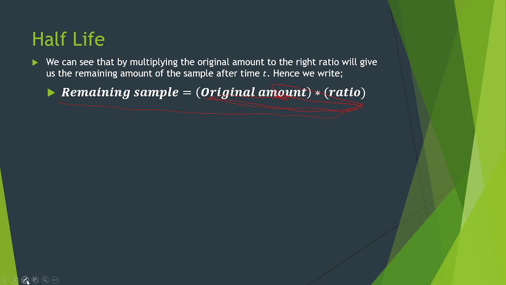Let's just erase that. All right, so this is our proposed formula, and we let S sub r be the remaining sample, and A sub o our original amount.